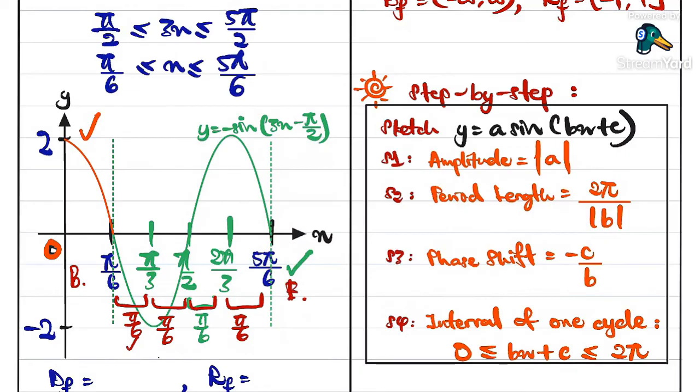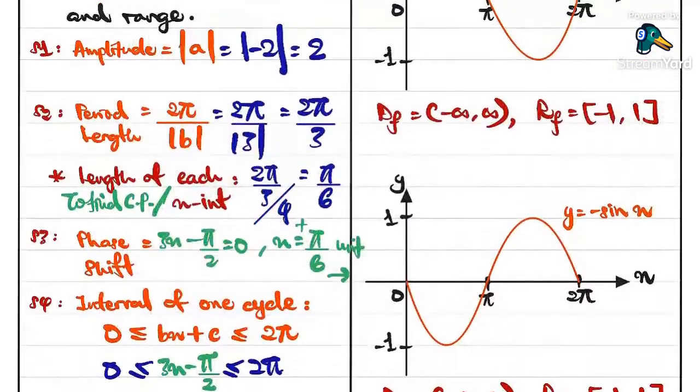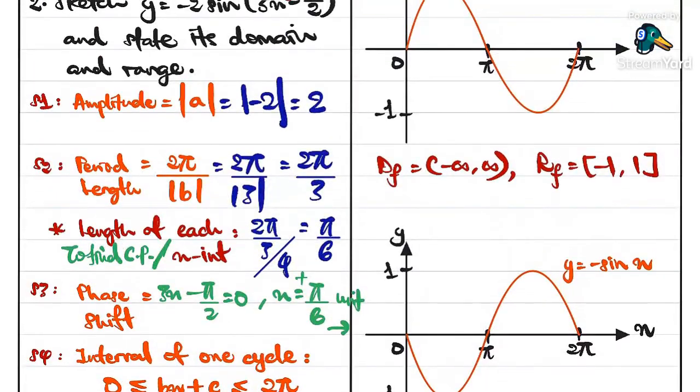So make sure you need to know what's the correct value for the x-intercept, in order to find the critical point, the length of each, the distance. I would say it's better to say it's the distance from each x-intercept to another x-intercept is pi over 6.